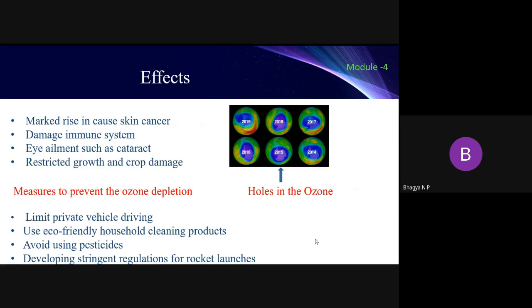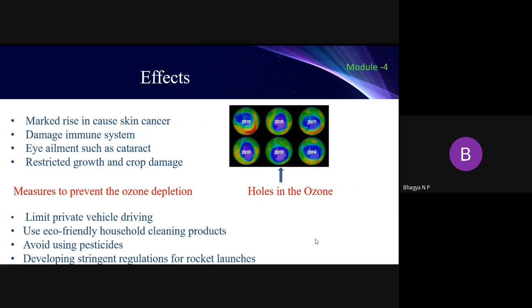Then how do we prevent this ozone layer depletion? The preventive measure is we have to use eco-friendly products and try to avoid using pesticides, and try to avoid using sprays, perfume and deodorant. Whenever it is really necessary, then only we should use it.